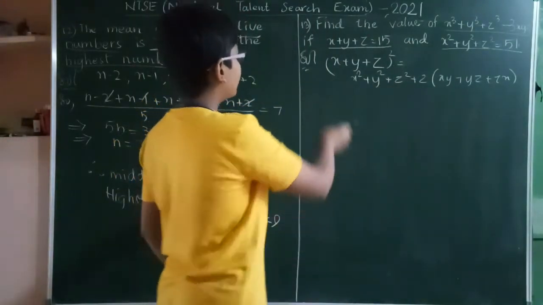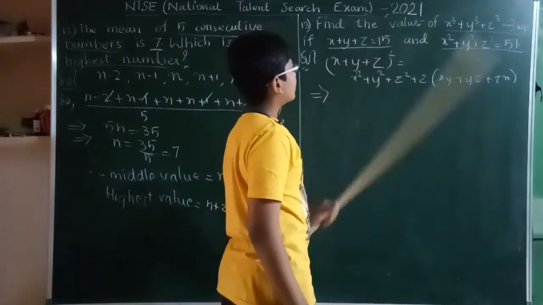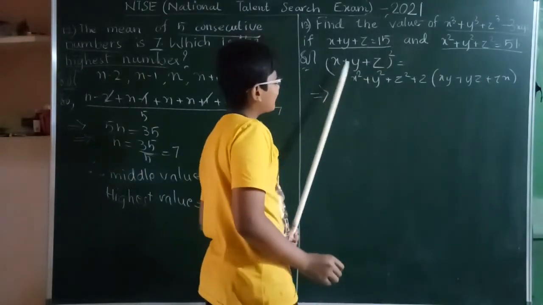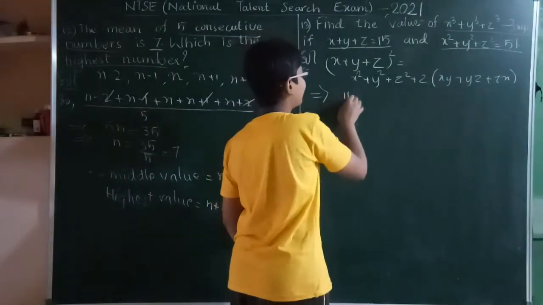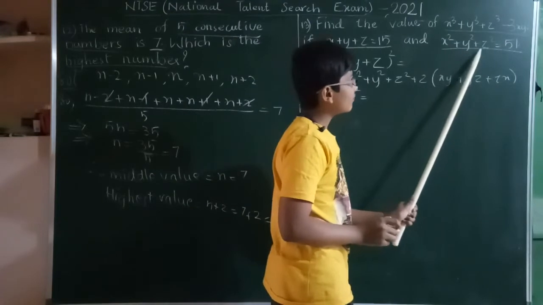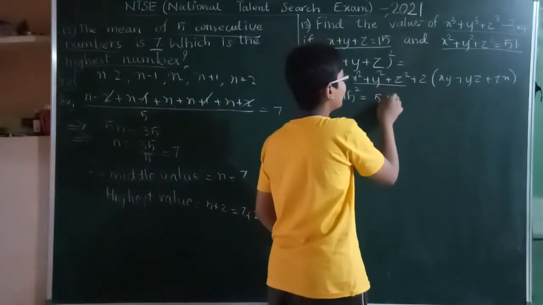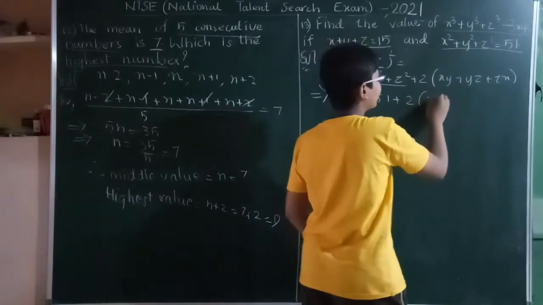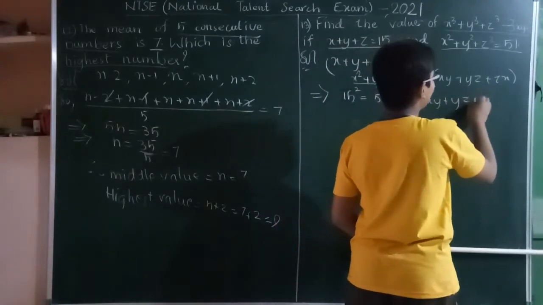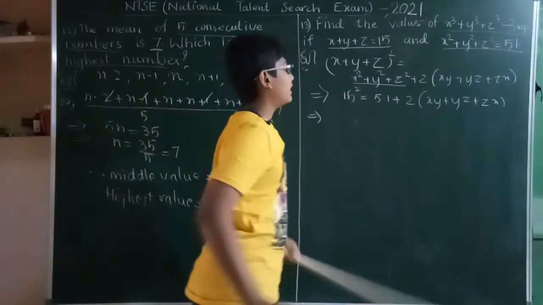Now given x plus y plus z is 15, so 15 square is equal to x square plus y square plus z square, which is 51. Substitute that here: 51 plus 2 of xy plus yz plus zx. 15 square is 225.